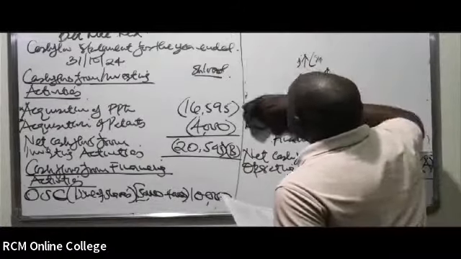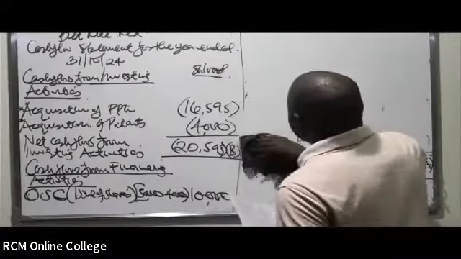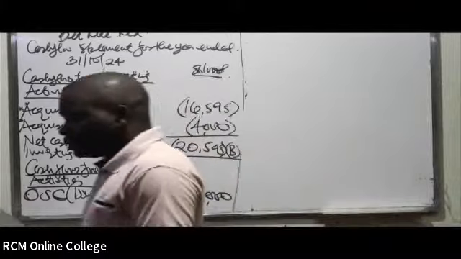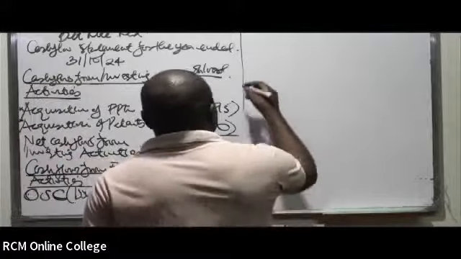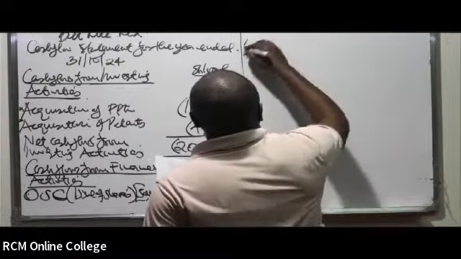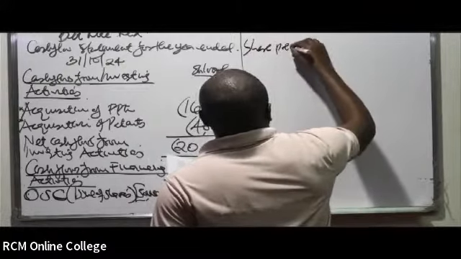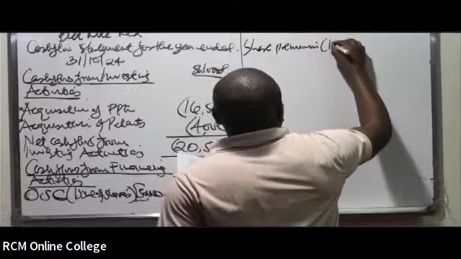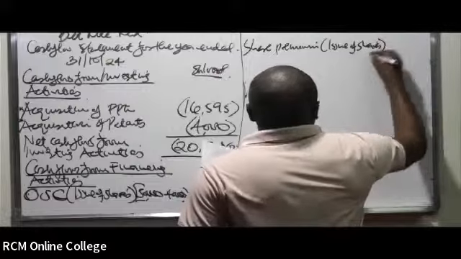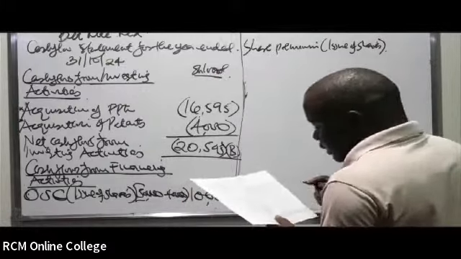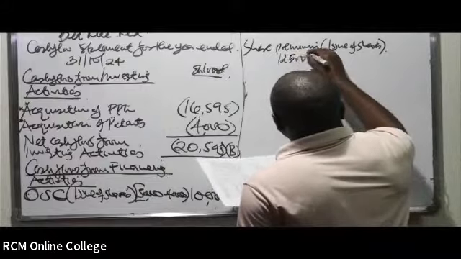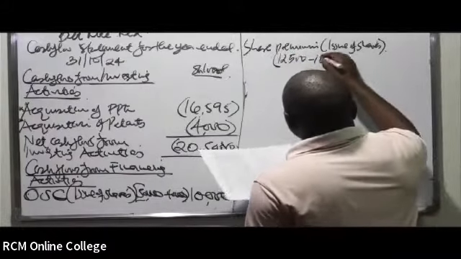Still on the share premium, there's an increase, which is from the same issue of shares. On the share premium, you can see they opened with 10, but they are closing with what? 12,500 minus 10.